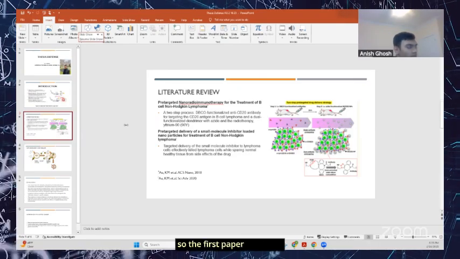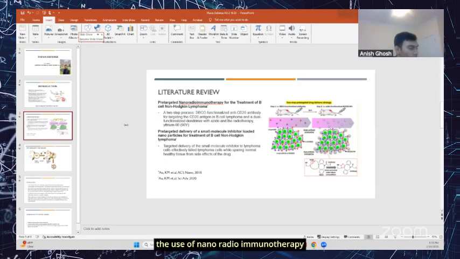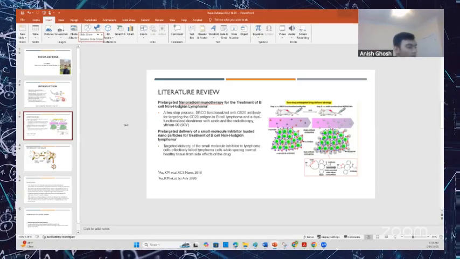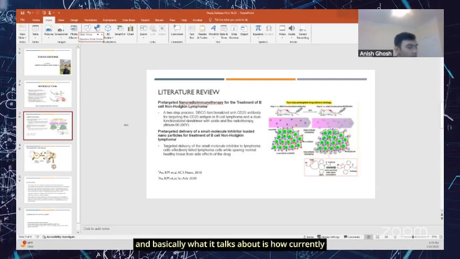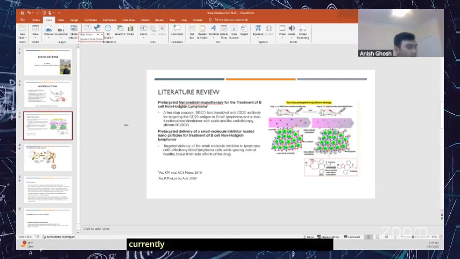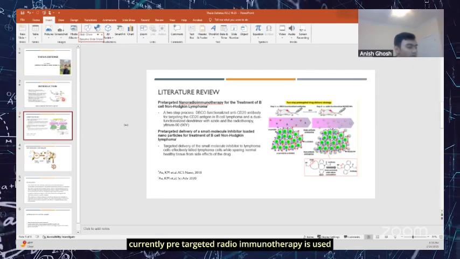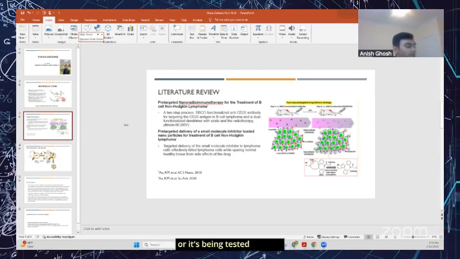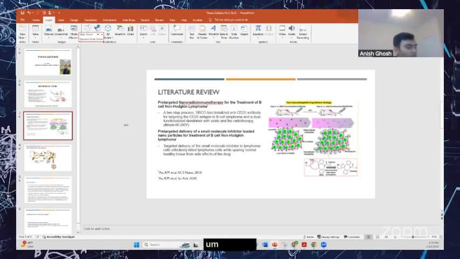The first paper discusses the use of nanoradioimmunotherapy. Currently, pre-targeted radioimmunotherapy is used, or it's being tested in certain preclinical models.